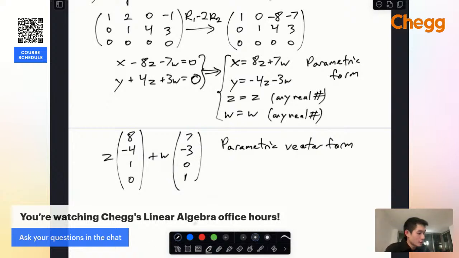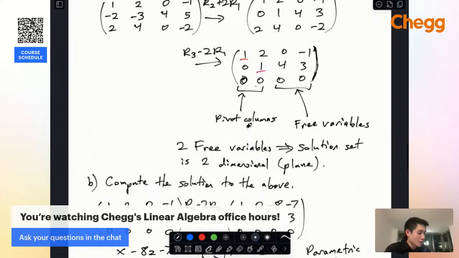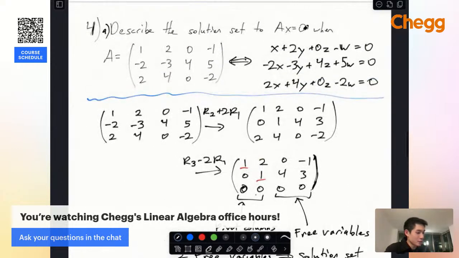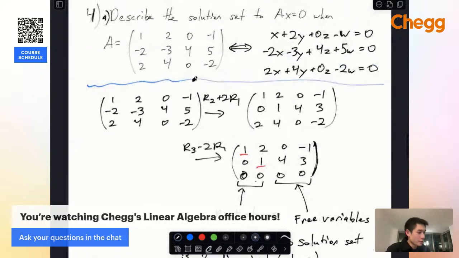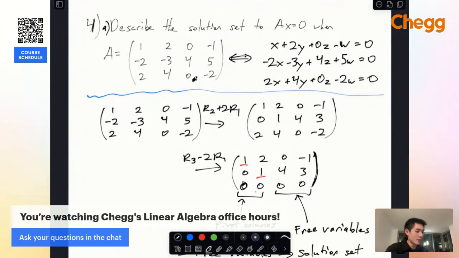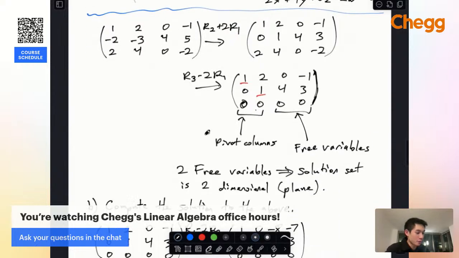So, okay, to summarize, if you have a matrix equation like this, AX equals 0, where you're given the matrix, you can first get the general geometry of the solution just by counting the number of free variables. So the number of free variables is exactly equal to the dimension of the solution set. So that means if it's 1, it'll be a line, and if it's 2, it'll be a plane.